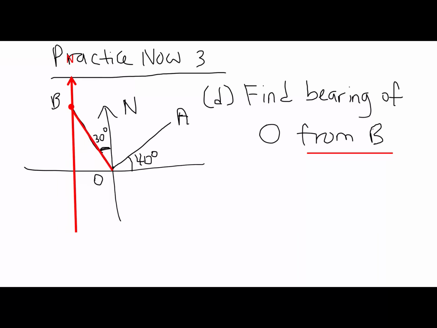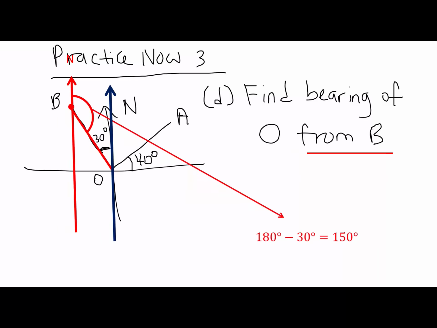Above point B. So something like this. How do we find this value? Let me highlight the north line here. Now can you tell me what is the relationship between the bearing represented by the red angle and this 30 degrees? They are interior angles. So 180 minus 30 will give me my bearing.